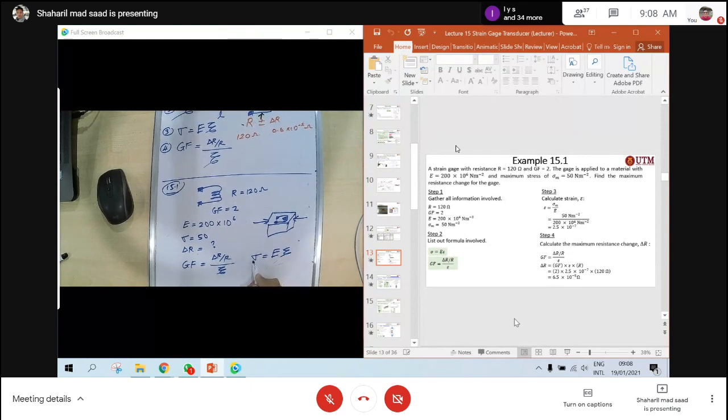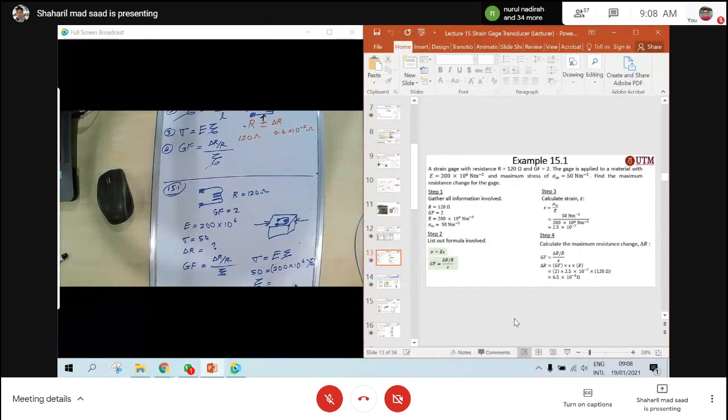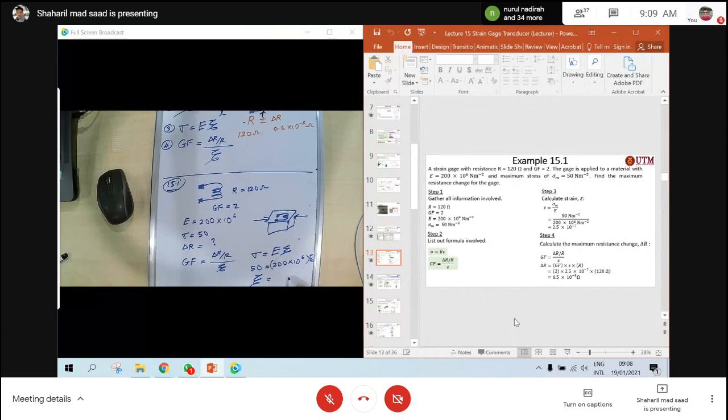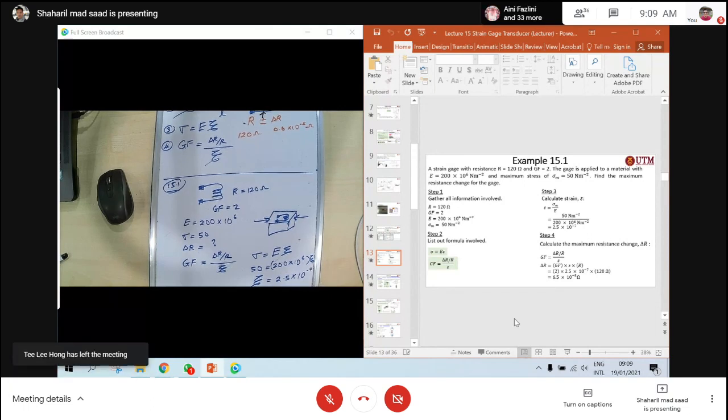The stress that you apply is 50. Young's modulus is 200 times 10 power of 6. So the strain is equal to 2.5 times 10 power of minus 7. Now you already have the strain.